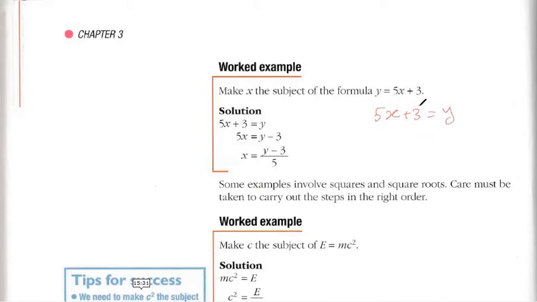Now take 3 to the other side, so 5x equals y minus 3. We want x, not 5x, so we divide both sides by 5. So x equals y minus 3 over 5. In this way, we make x the subject of this formula.